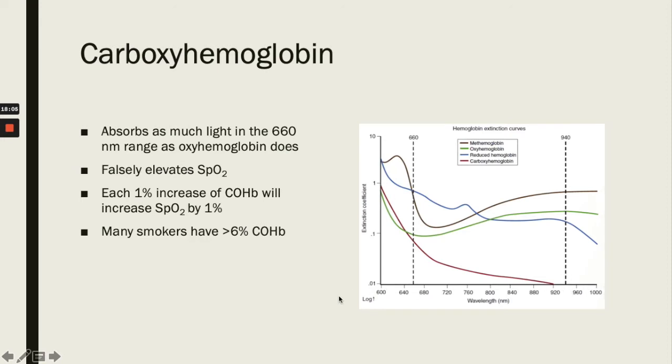We also know that carboxyhemoglobin increases hemoglobin's affinity for oxygen, and so that prevents the release of oxygen to the tissues, and that results in a left shift, like we talked about earlier. These patients usually look pink; they don't look dusky or blue. Their skin is bright pink, or if they're brown, their skin looks normal, or they have cherry red lips.